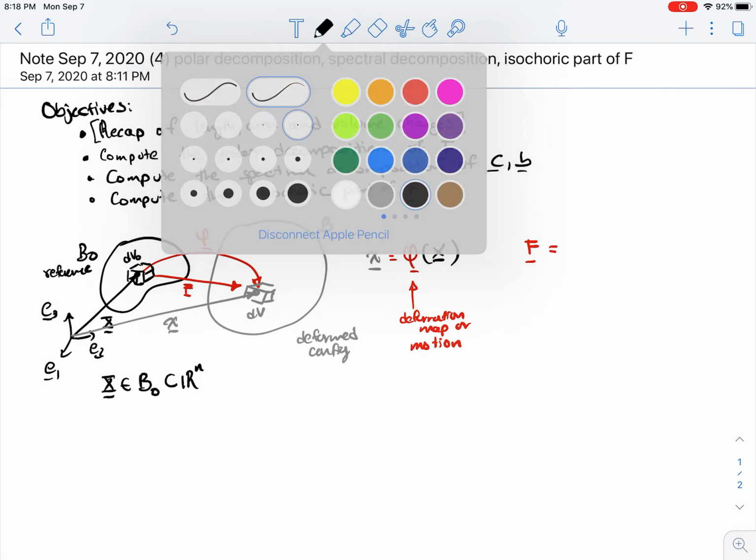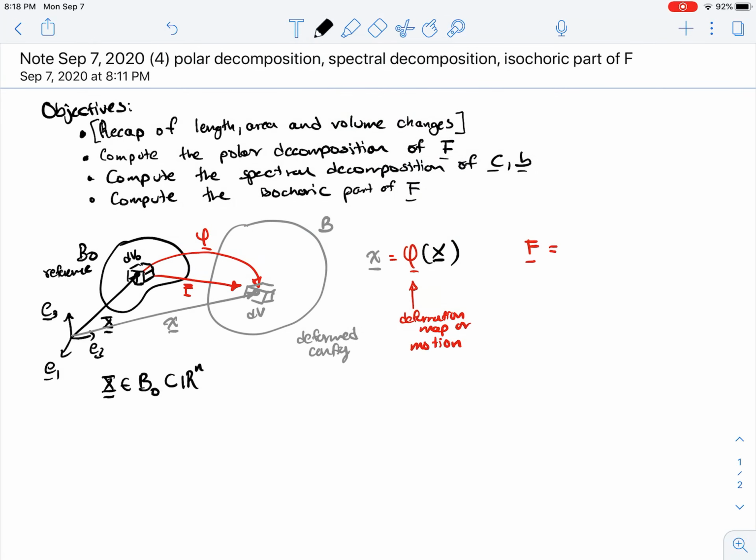So that was the main thing of the previous lecture, the deformation gradient F, which is the partial derivative of little x with respect to big X. So it's a derivative of a vector field with respect to another vector field.